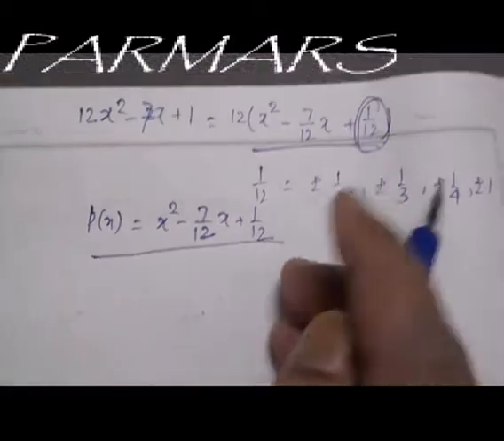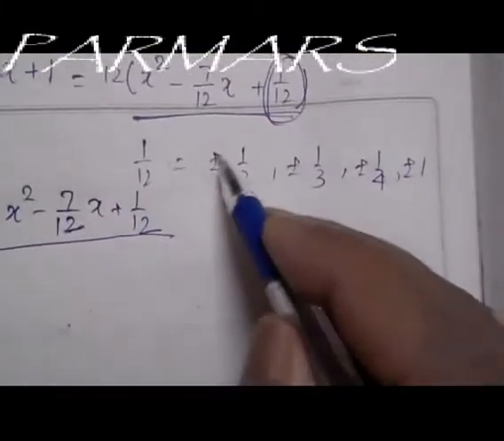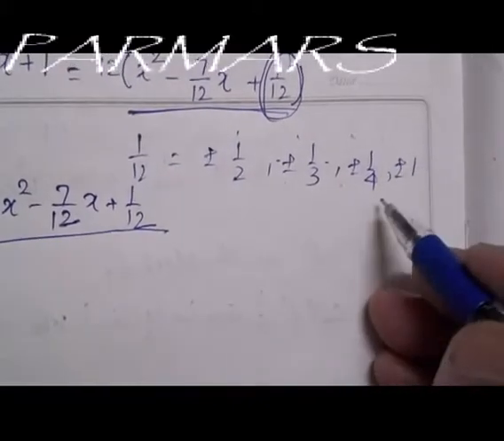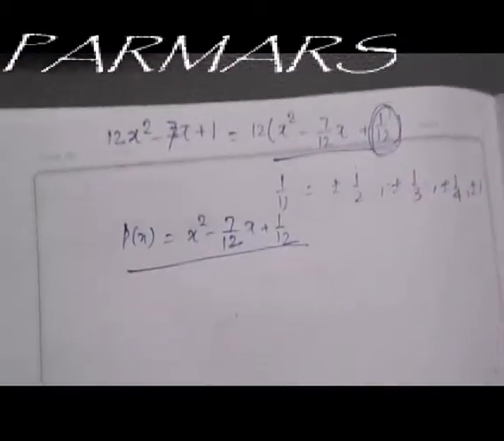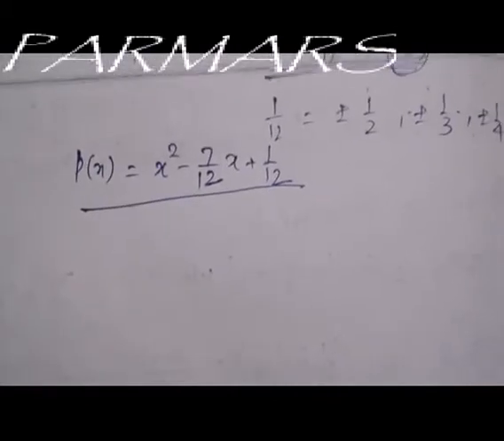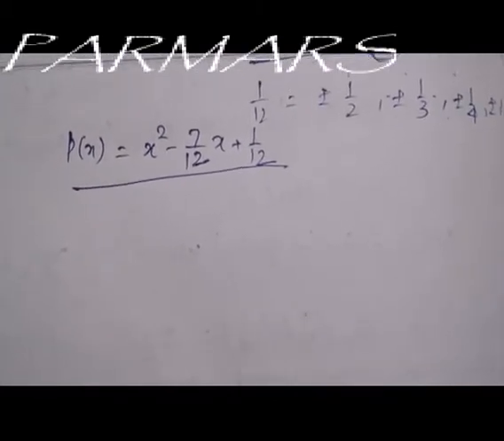Now try to find for which value of x, whether plus minus 1/2, 1/3, 1/4 or 1, p(x) becomes 0. It takes time, and if some intuition works, you get it directly.